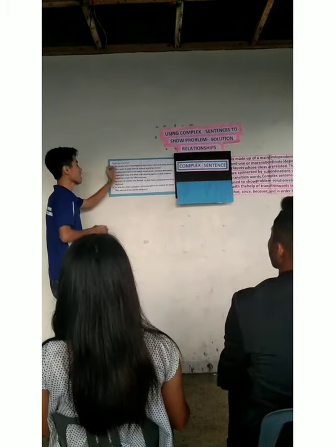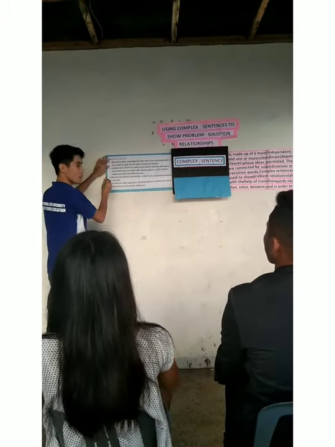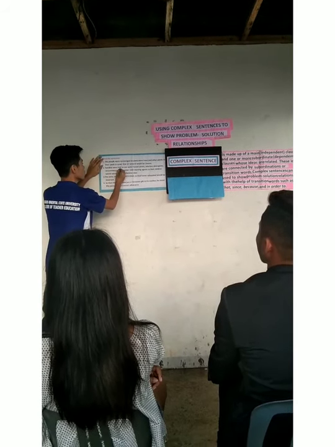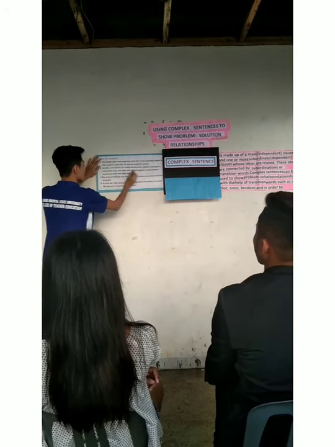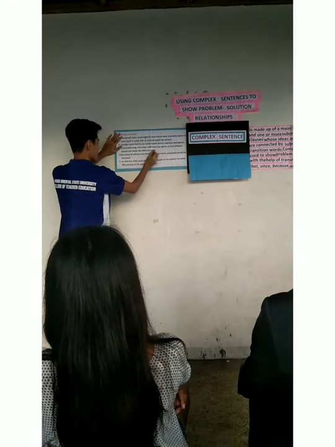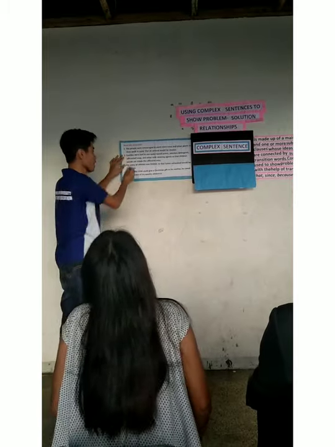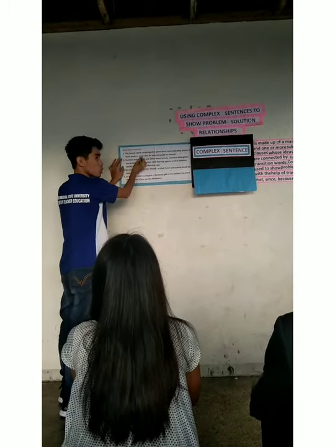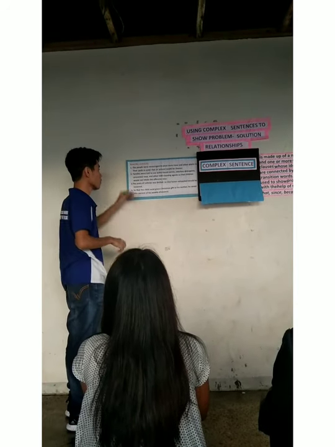The independent clause here in this complex sentence is this clause: families were told to use water-based paints, odorless detergents, and scented soap and other mild cleaning agents. Okay, the subject here is families, and the verb is were told.